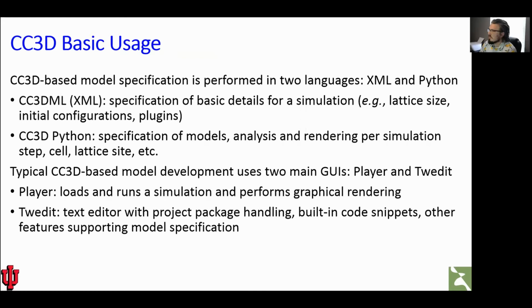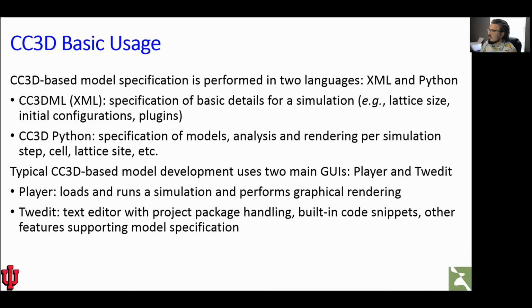First, using what we call CC3D ML, which is XML model specification to do the prescription of basic details for a simulation, like the size of a lattice, initial configurations like what cells are arranged where, what plugins to use that we distribute with CompuCell, what cell types you would like to define, so on and so forth.